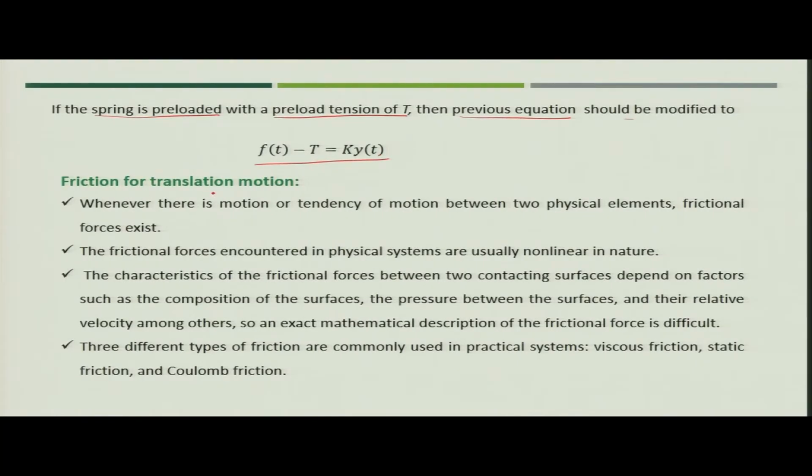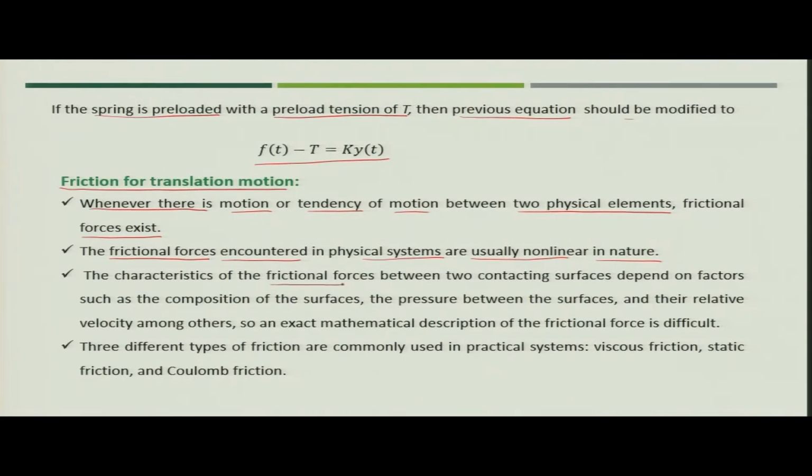Now, when you see that the mass is moving, you will see friction also coming into the picture. So, what is friction for translational motion? Whenever there is a motion or tendency of motion between two physical elements, frictional forces will exist. The frictional forces encountered in physical systems are usually nonlinear in nature.